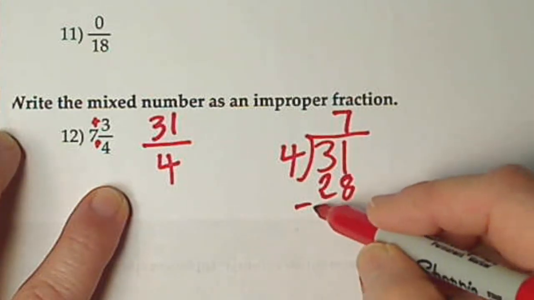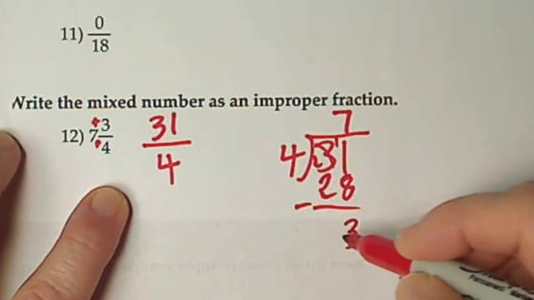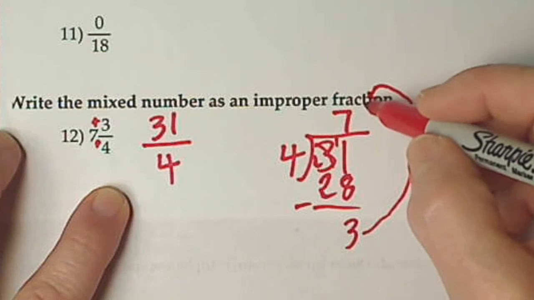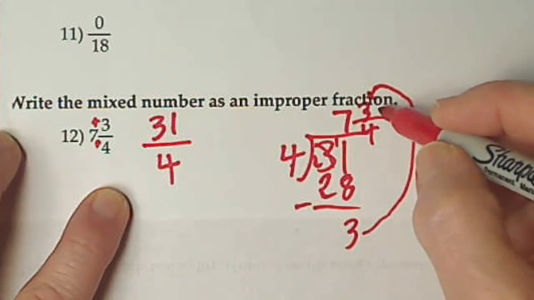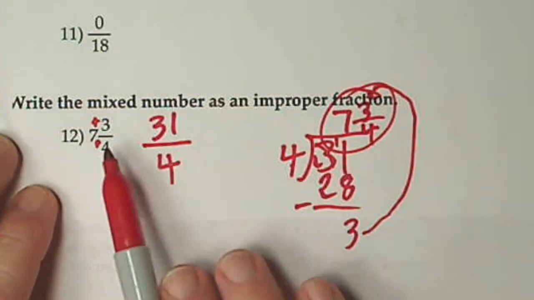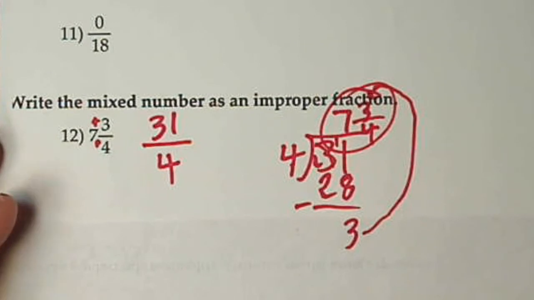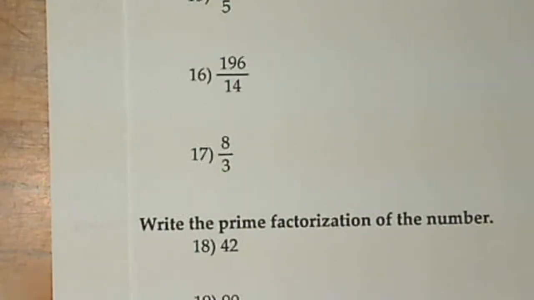When you subtract, you have 3 left over. 7 and 3, you keep your denominator, 4ths. Okay, so you can just switch back and forth. You're not changing the value of the number, you're just changing the way it looks. And that's pretty much the deal in math. You're not allowed to change the value. You can always change the way it looks.